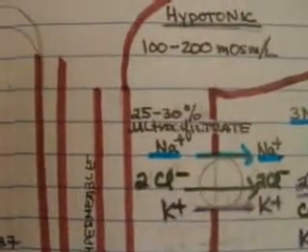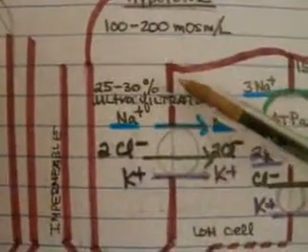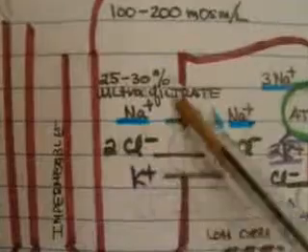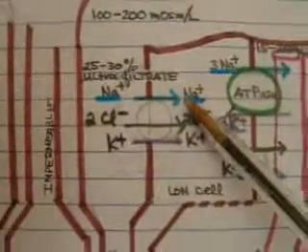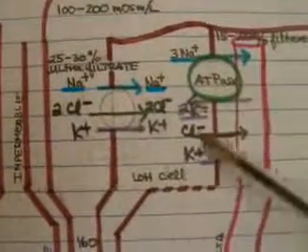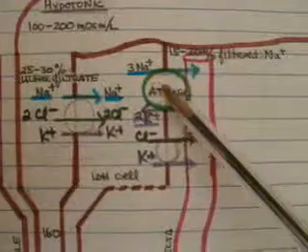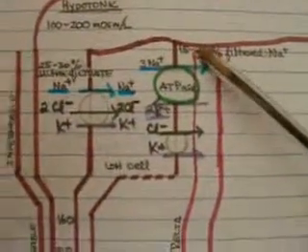And out of that 25 to 30% of the total ultrafiltrate, about 15 to 20% of the sodium is reabsorbed into the cells of the thick ascending limb of the loop of Henle, and ultimately reabsorbed back into the capillary system, and it enters into the systemic circulation.